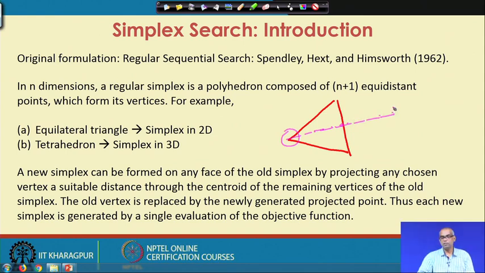So, along this direction, this vertex will be projected. Now, after getting the new projected point, if I want to maintain the regular geometry, that means I still want to get a regular simplex, then I will go through that distance which, when joined by these 2 points, will again give me an equilateral triangle.